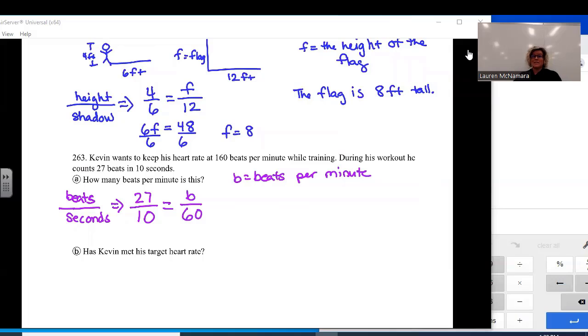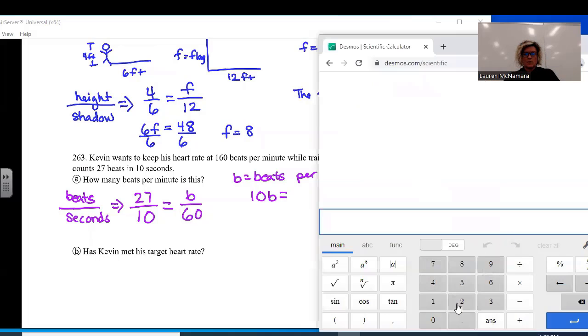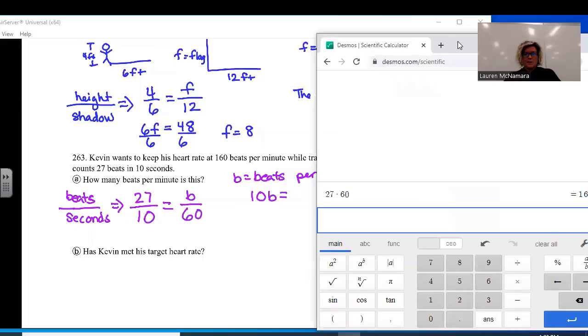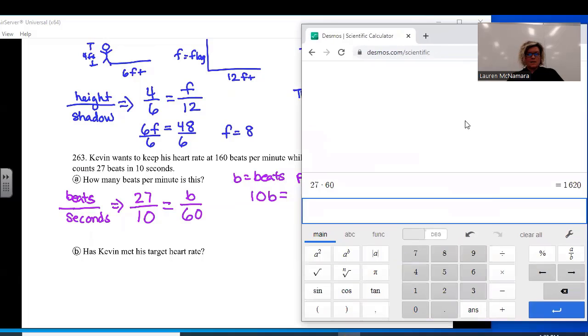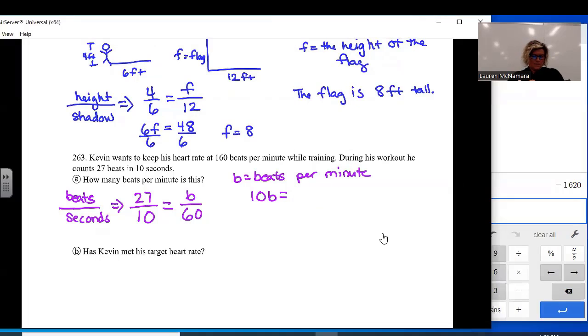All right, now I need to solve. So once again, I have a proportion. I can cross multiply. So I get 10b equals 27 times 60. So 27 times 60 is 1,620.